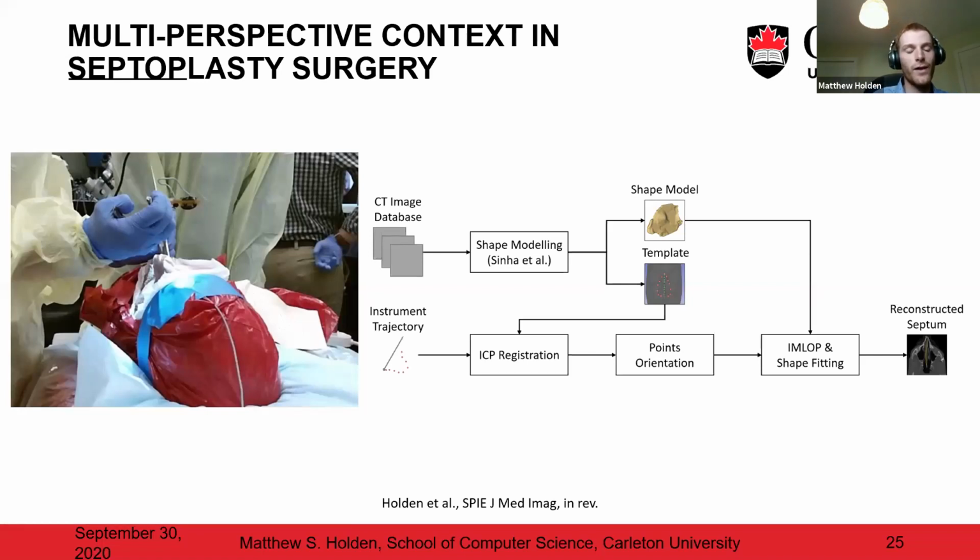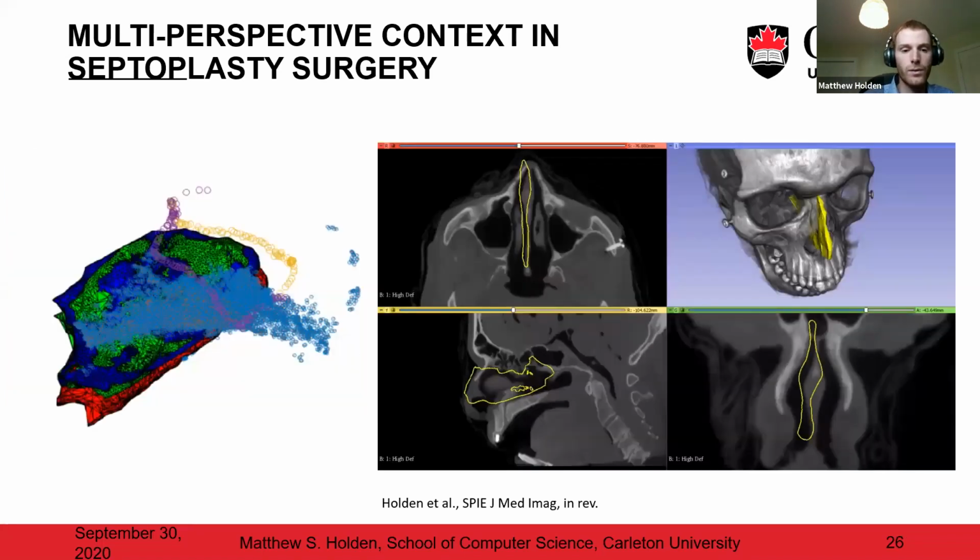And so this is going to provide another avenue for context. And so we've been able to do this in septoplasty surgery, reliably reconstructing the septum based on the tool data that we collect in the operating room. And so we're able to reconstruct the septum with errors under 3 millimeters.